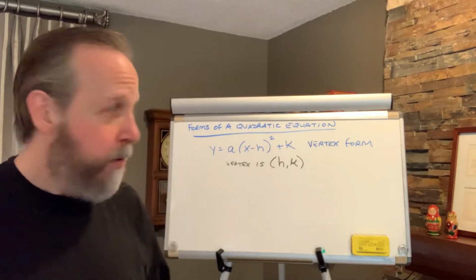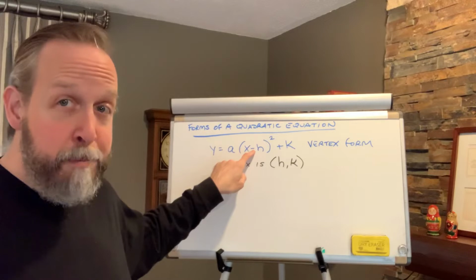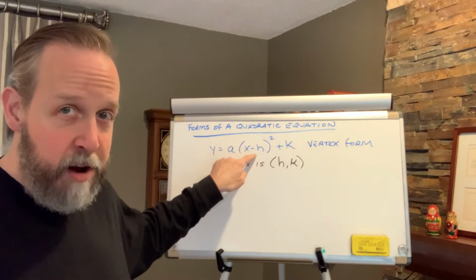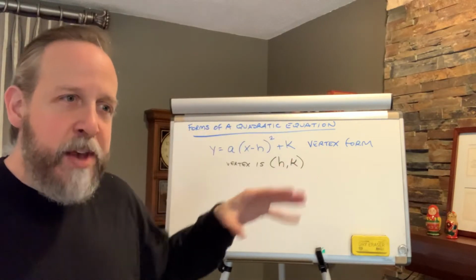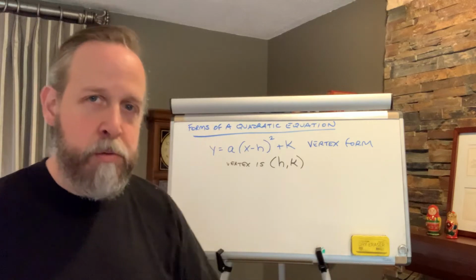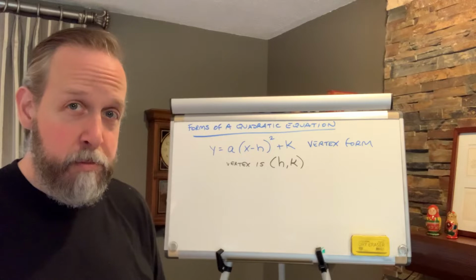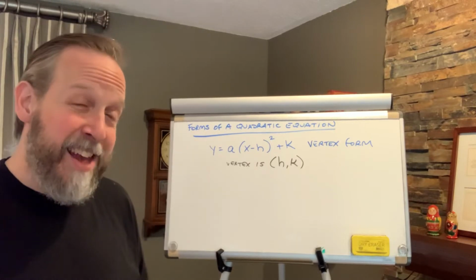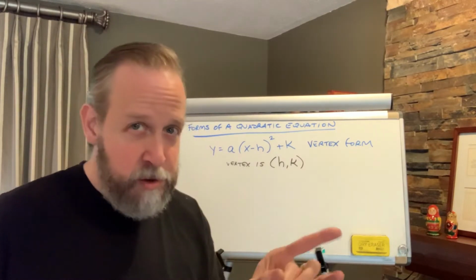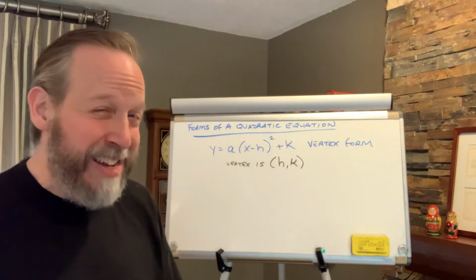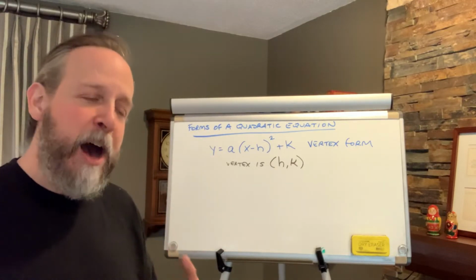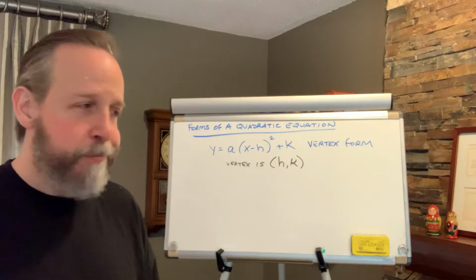Please understand, there is supposed to be a minus sign right there. So if it says x minus 2, the h part of that is 2. If it said x plus 2, it's actually negative 2. It's opposite the sign you see.